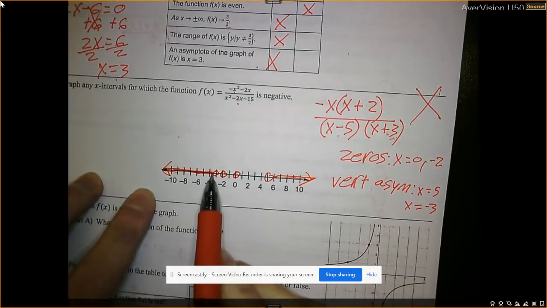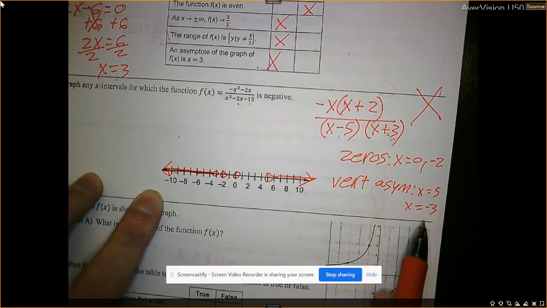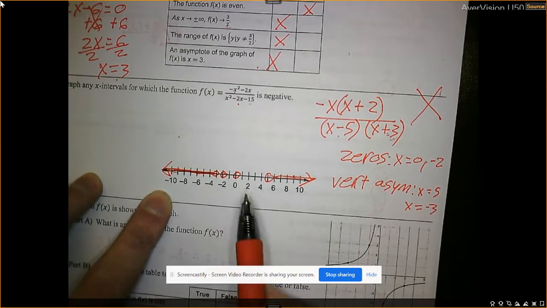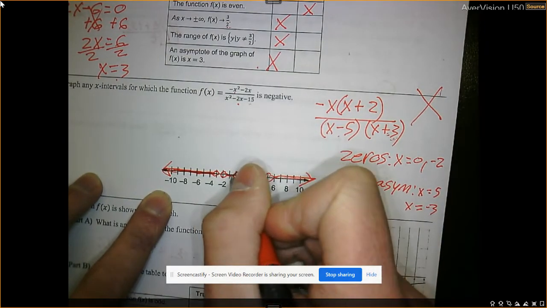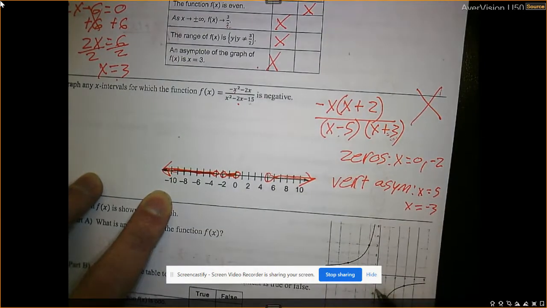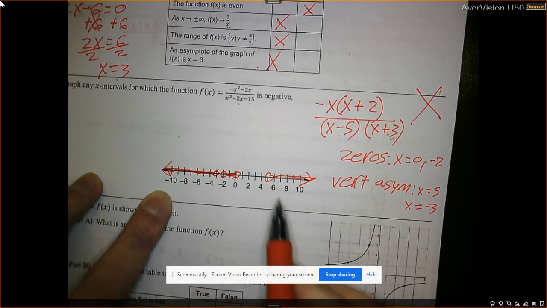If it starts negative, then it hits negative 3, which in this case is a vertical asymptote. So then it's going to hop positive for a little bit. Then it hits our 0 here, so it becomes negative again for a little. Then it hits our other 0, meaning it comes back above the x-axis. So it's not negative between 0 and 5.